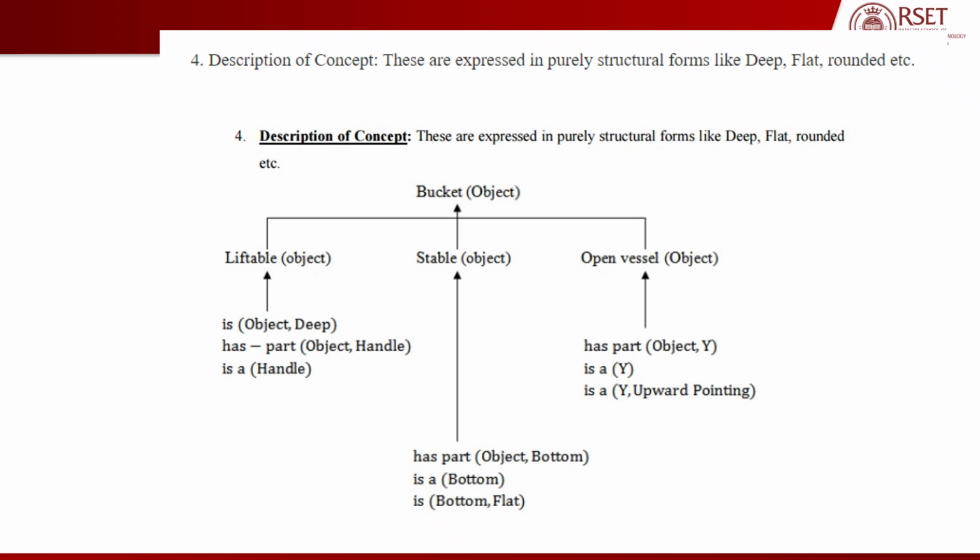And it is considered an open vessel if it has an upward pointing opening. So by combining these structural properties, the AI system identifies and represents the concept of a bucket. The concept mainly describes the structural properties or structural description.